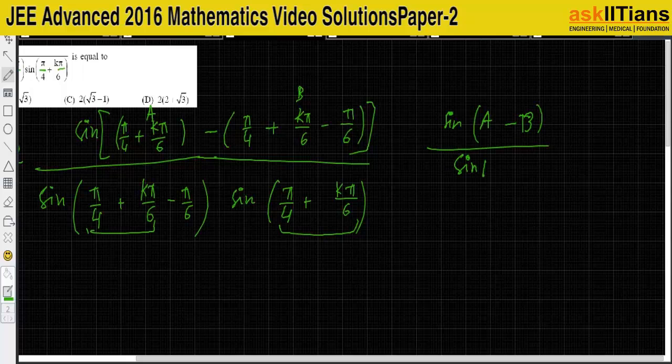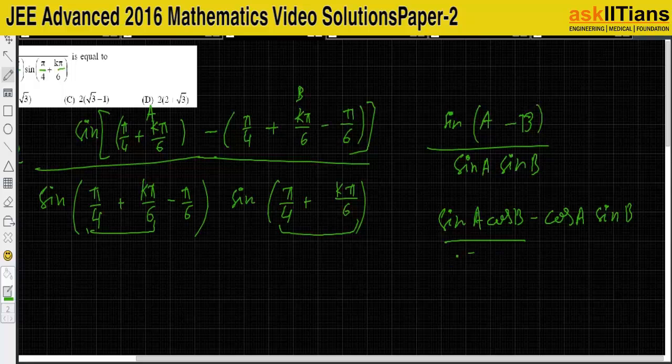Denominator is sine A sine B. So if I expand this, sine A minus B will be sine A cos B minus cos A sine B, and divided by sine A sine B. So let me separate out the denominators. Here also divided by sine A sine B. So basically what I'll get is this sine A will get cancelled, and here sine B will get cancelled. So I'll get cot of B minus cot of A.